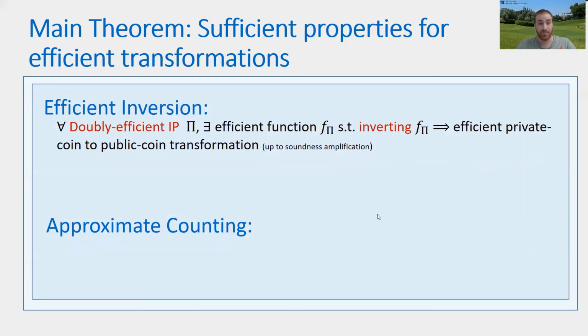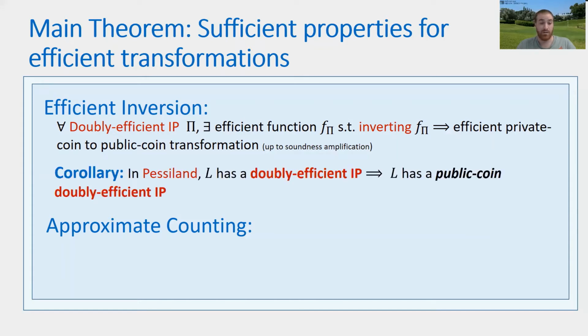Specifically, for every doubly efficient interactive proof, there exists an efficiently computable function such that if we can invert this function in the sense of one-way functions, then we can transform the proof into a public coin proof while adding only polynomial overhead to the prover's running time. And we can say something similar for any constant round interactive proof, even if the prover is not efficient.